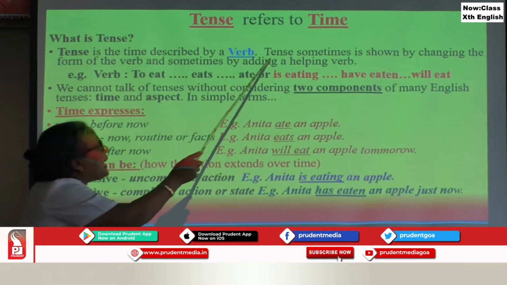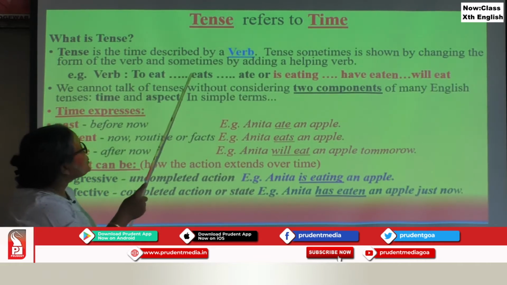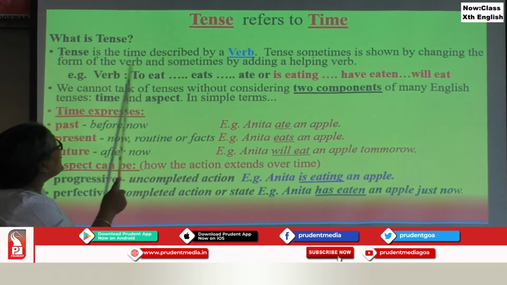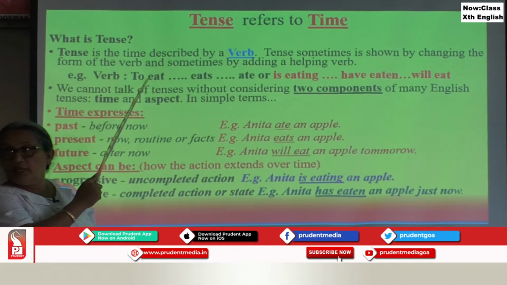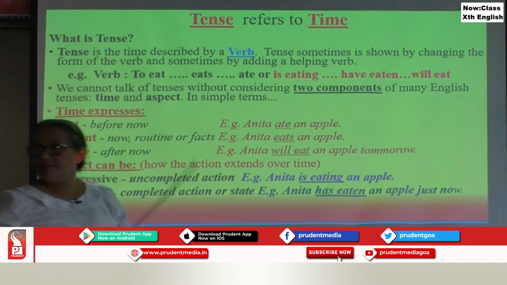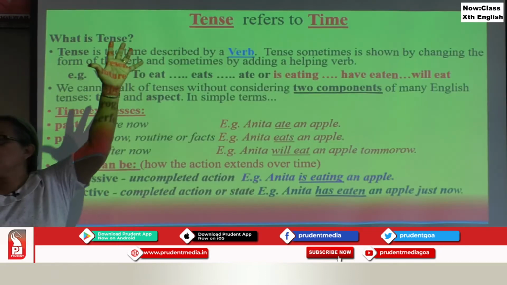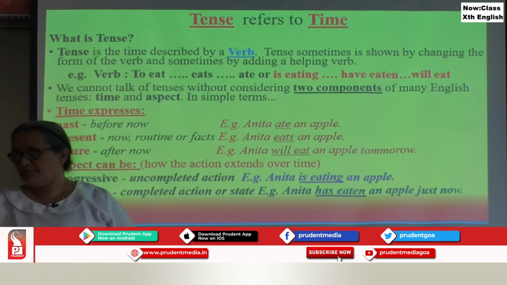So, tense sometimes is shown by changing the form of the infinitive form of the verb, or by adding a helping verb. These are the two ways to conjugate the verb.